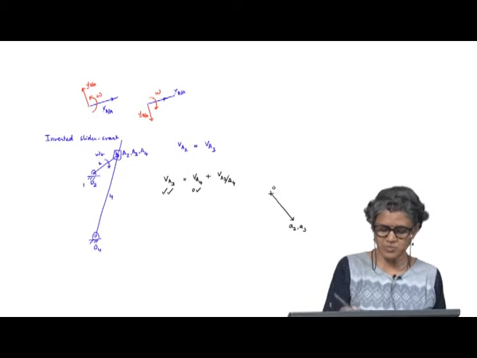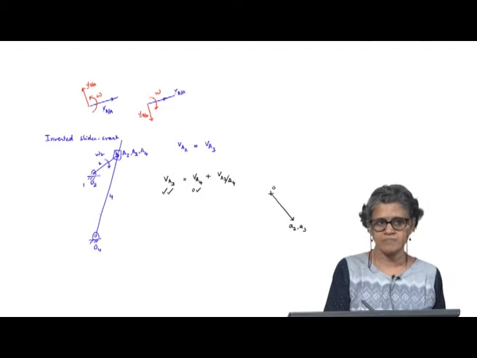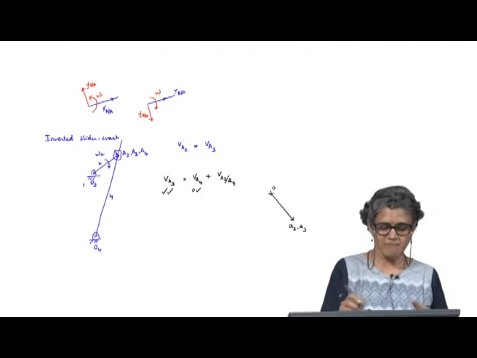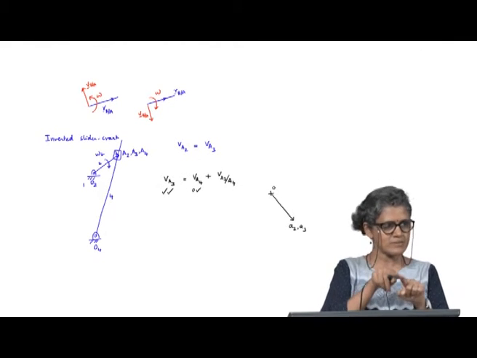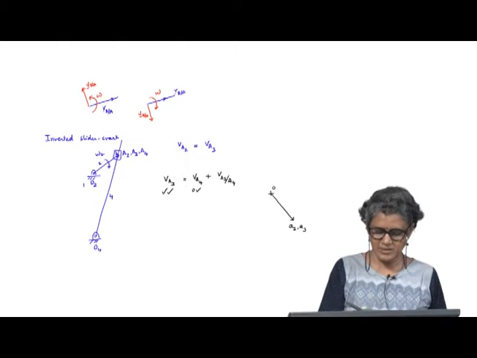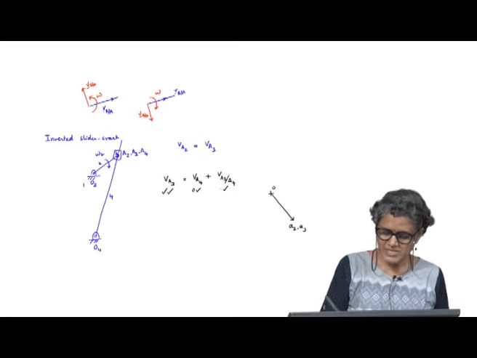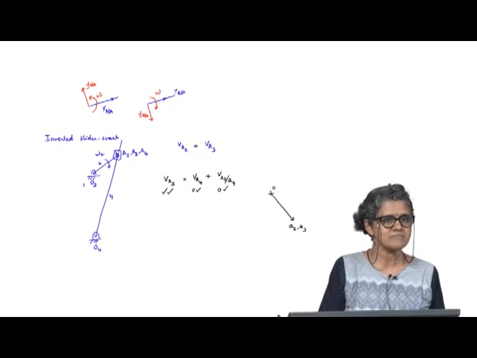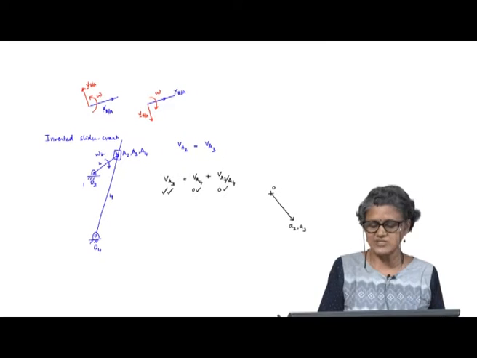I do not know the magnitude because I do not know omega 4. Okay. And in the case of this velocity, how the two are slipping with respect to each other, the block and the path, I know the direction, but I do not know the magnitude of that slip velocity. Okay, that velocity is called the slip velocity.